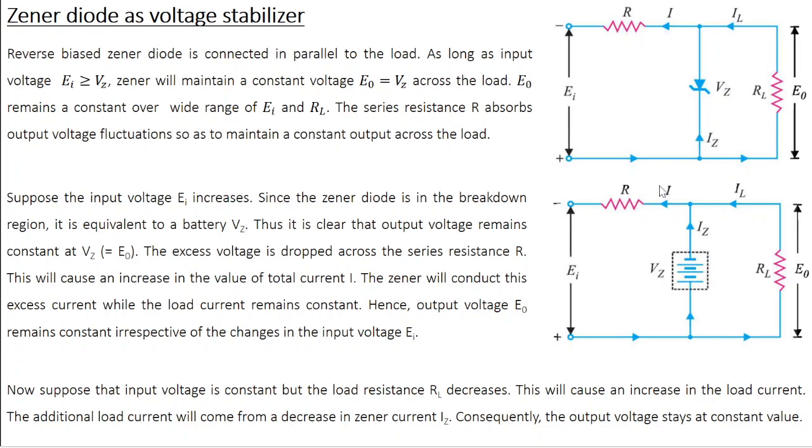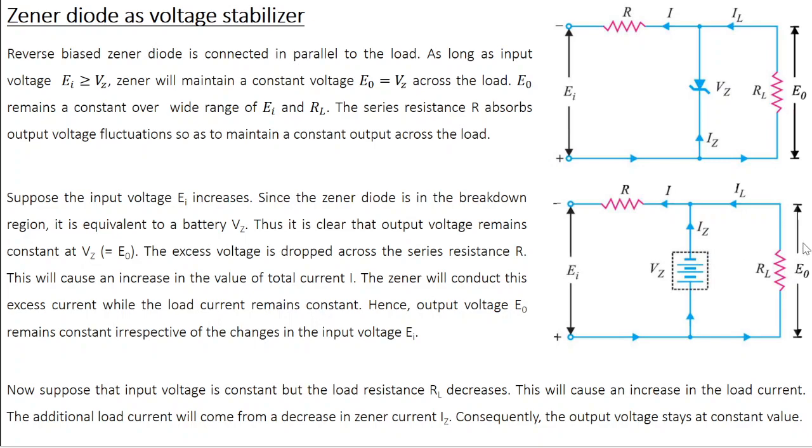Now, where does this increase come from? We know that I is IL plus IZ, and the voltage across RL is constant, which means IL is going to be constant. So the increase in current should come from an increase in IZ. In other words, the Zener will conduct this excess current so that the load current remains constant.